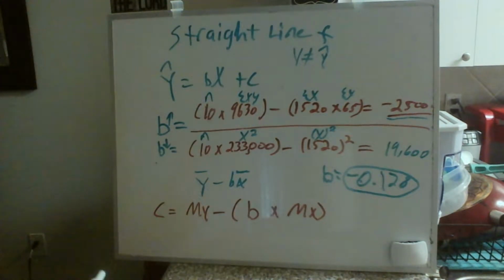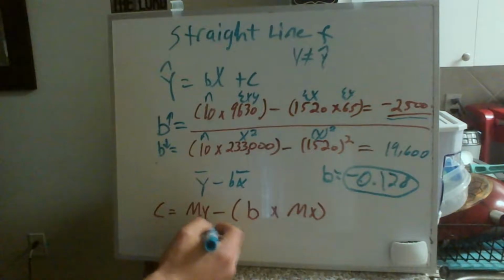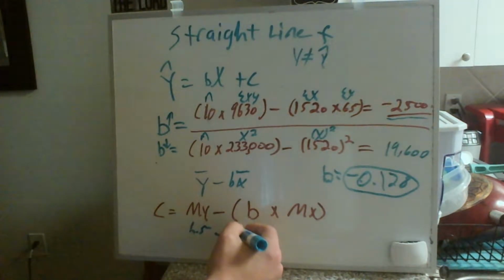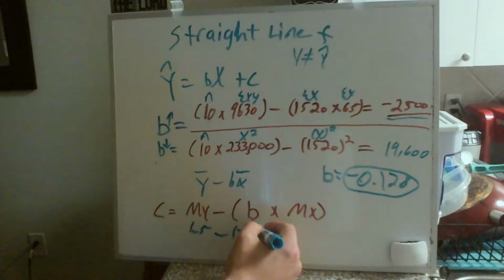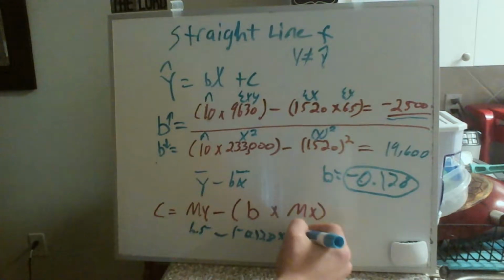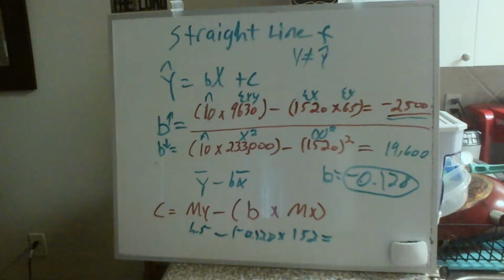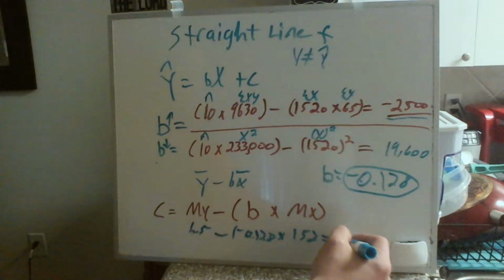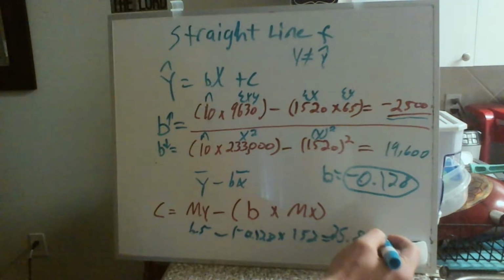So we have our mean of y, which is 6.5, minus the negative 0.128 times the mean of x, which is 152, and that, my friends, equals 25.888.